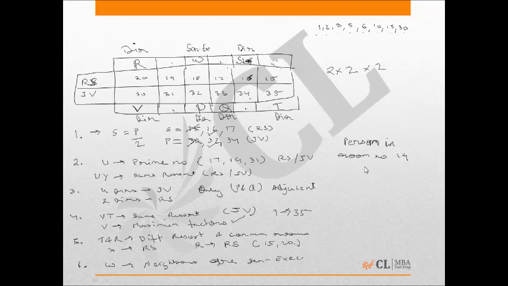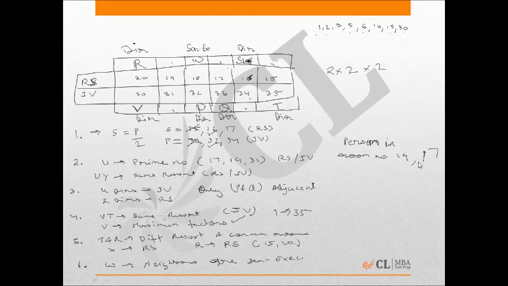If I look at room number 18, W is staying in a room where both the persons adjacent to him are senior executives, because all directors have occupied their places, so the blank spaces represent people who are senior executives. So 18 is not possible. If I look at 17, I can see that W is a senior executive on one side of it and S is a director on the other side of it. So the persons in room number 19 and room number 17 both satisfy our condition.